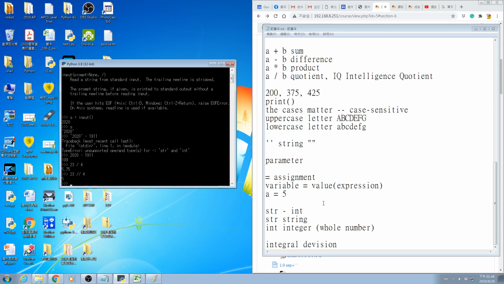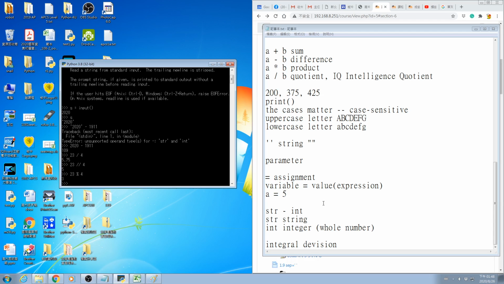But if you are interested in the remainder, then you will use the percentage sign. And that will get you the 3 as the remainder of that division. All right? Is there any question?